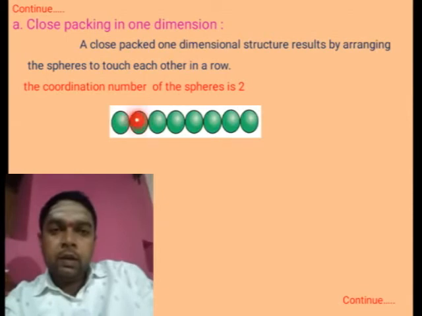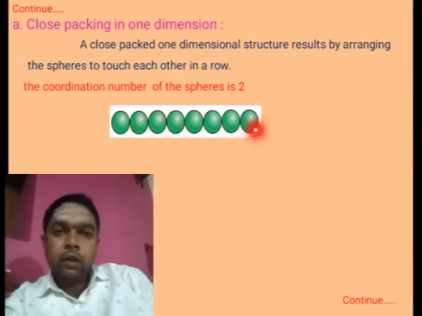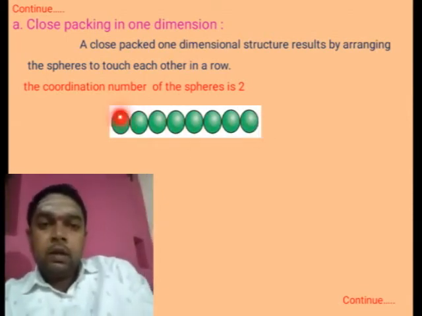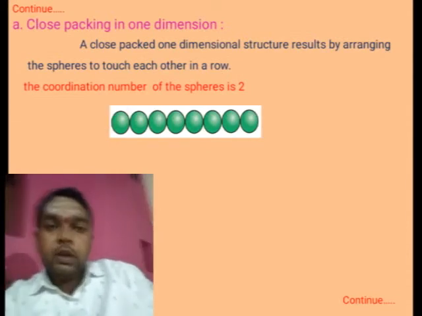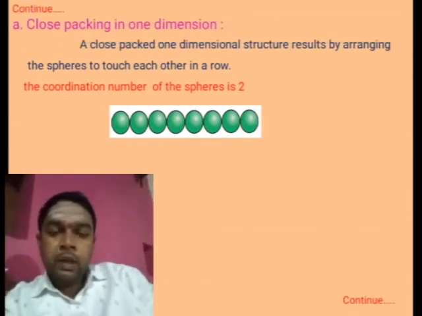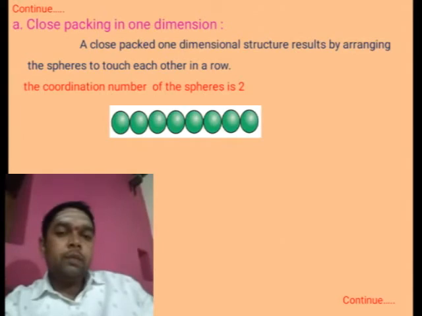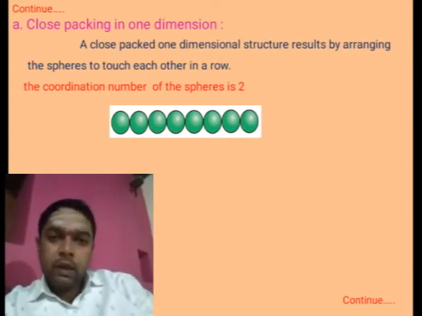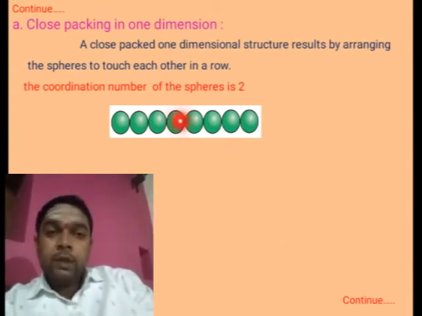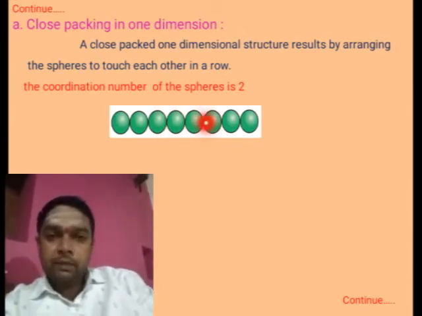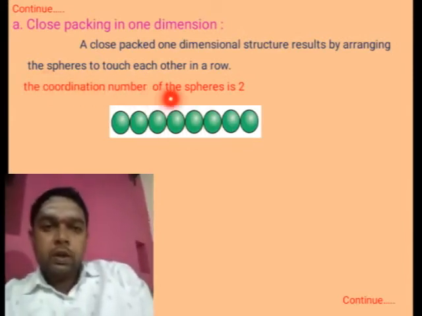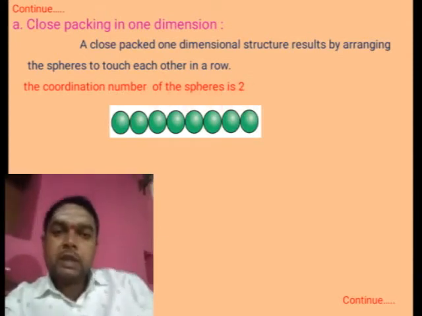At this time, for the first and last spheres the coordination number is not calculated, but the central spheres are in contact with 2 neighboring spheres. Hence, the coordination number of the spheres is 2.